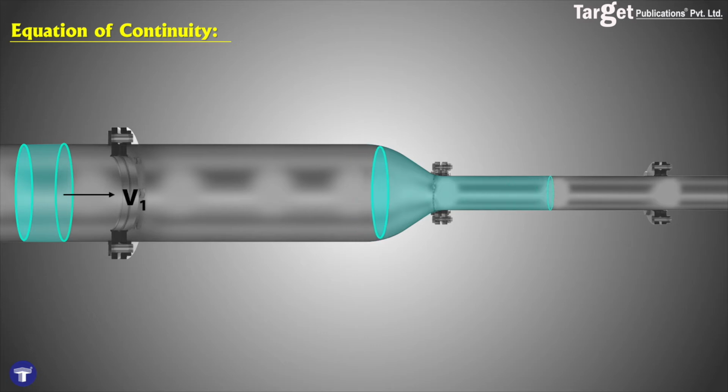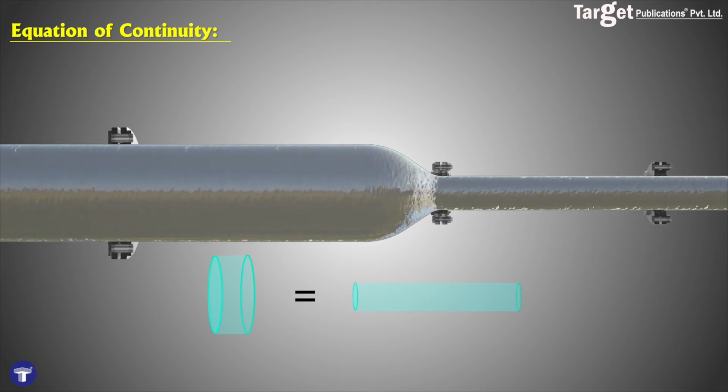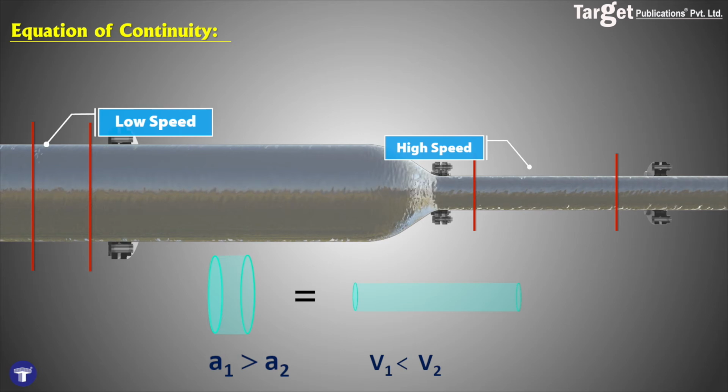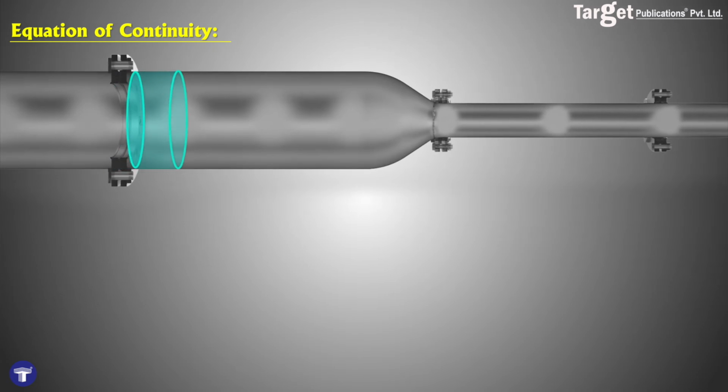The equation of continuity is nothing but the statement of the conservation of mass. And thus, on observing the liquid flow through varying cross-sections, it is found that liquid flows with a higher speed in a narrower cross-section, whereas it flows with a lower speed in a wider cross-section.